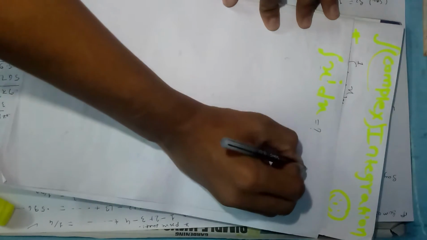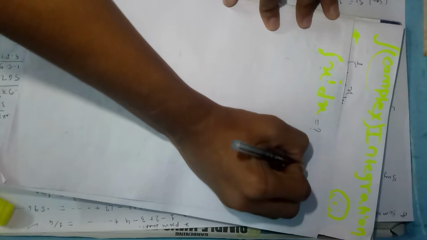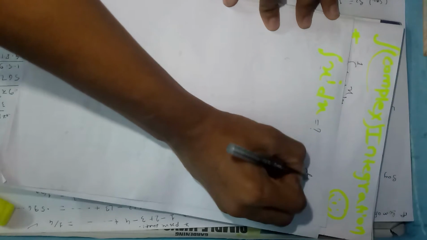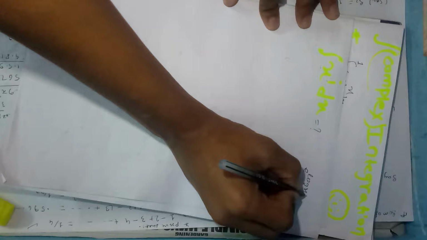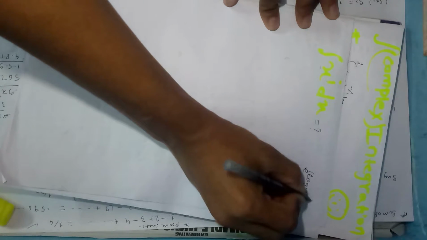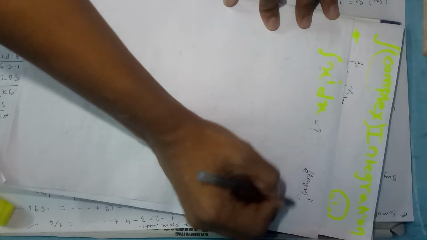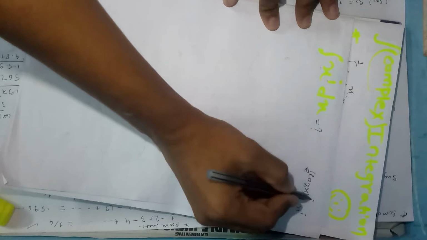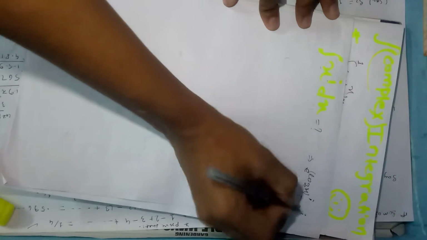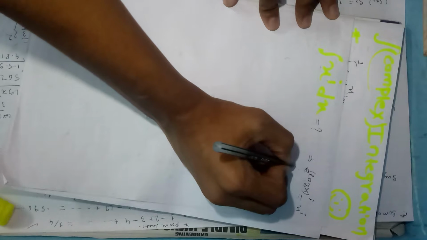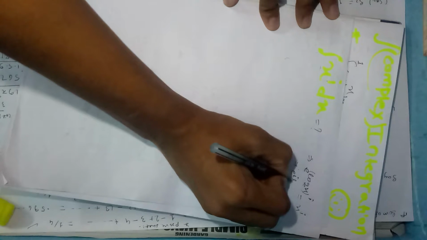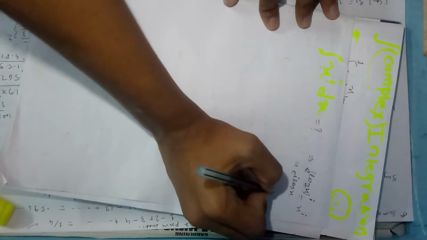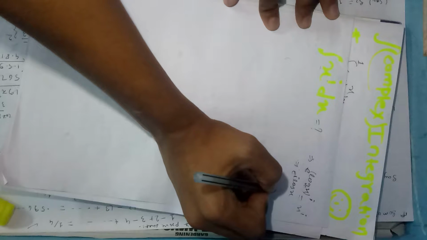As we know, e^(i log x) is nothing but x^i. Here the e and the log will cancel, then x^i will come, so we can write x^i in this form. It becomes e^(i log x).